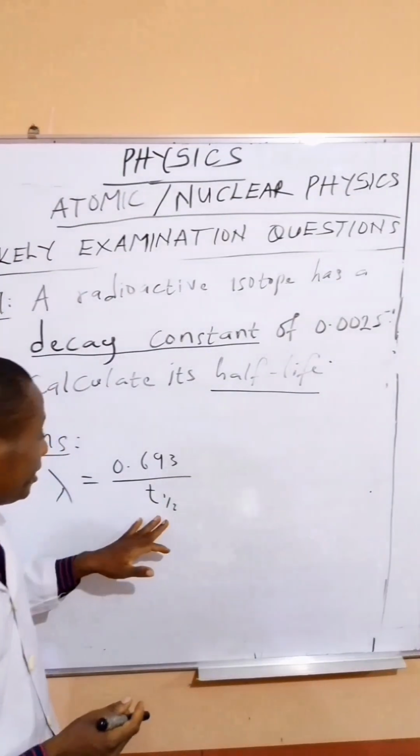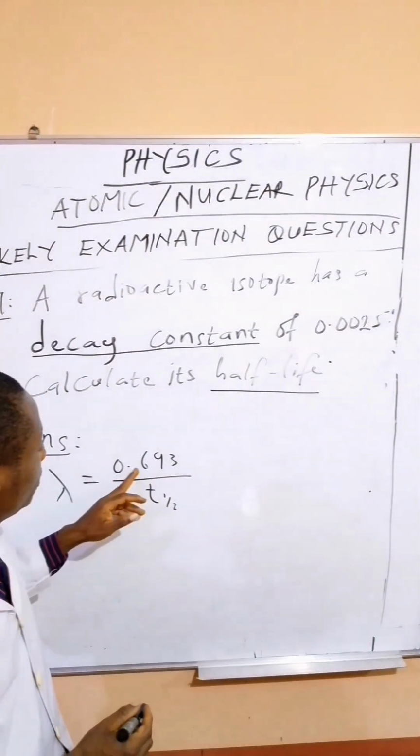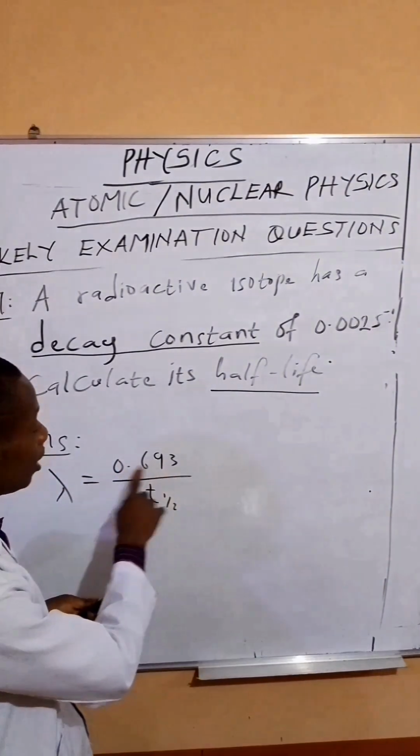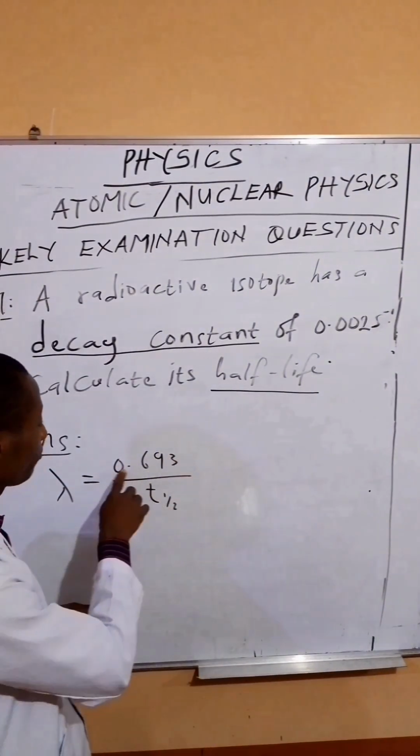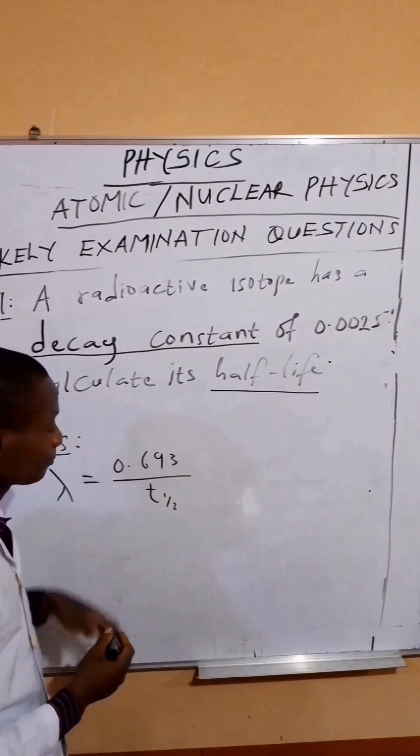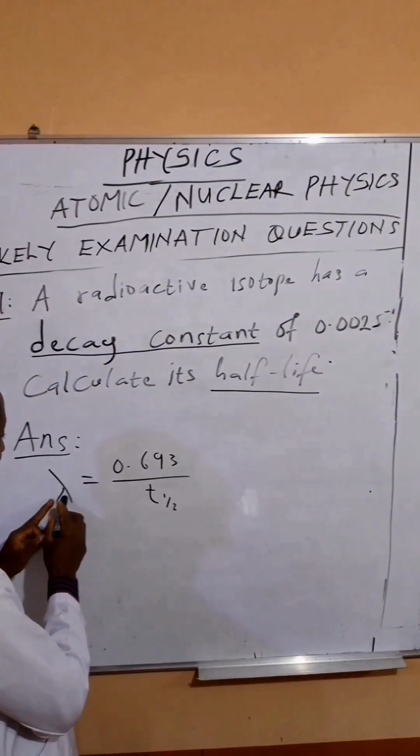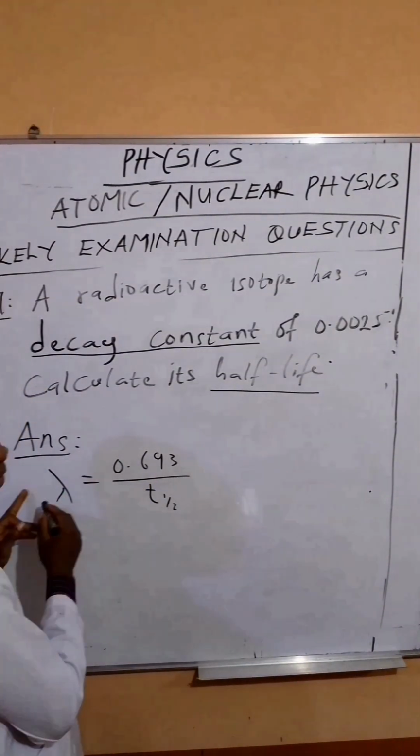So T half is the half-life. This 0.693 is a constant, the natural log of 2. We transfer decay constant here and bring half-life here.